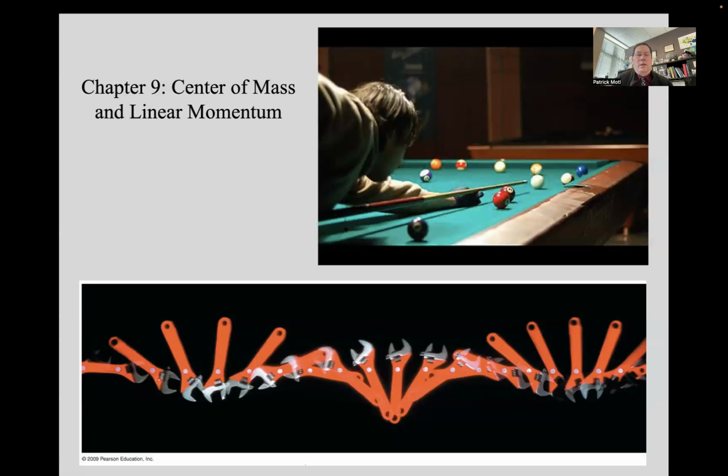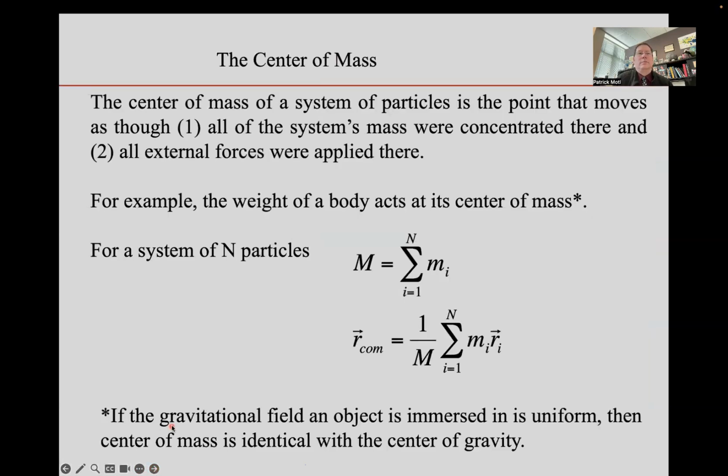But as a prequel to that, try to spin a tennis racket about its three different axes of rotation and see what happens. All right, center of mass. So the first step in this chapter is we're going to try to define clearly what center of mass is.